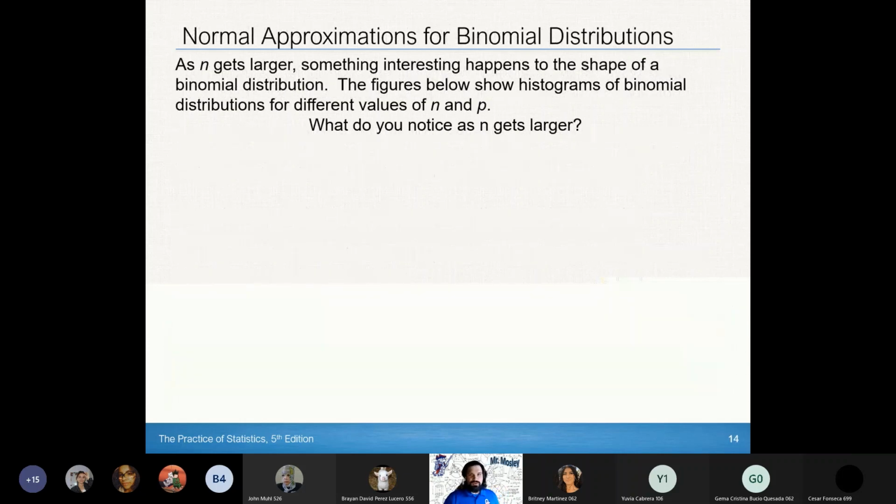So we can also use normal approximations for binomial distributions. As n gets larger, so our sample size gets larger, something interesting happens to the shape of a binomial distribution. The figures below show histograms of binomial distributions for different values of n and p. What do we notice? First, the distribution is slightly skewed to the left: a sample of 10, probability of 0.8.